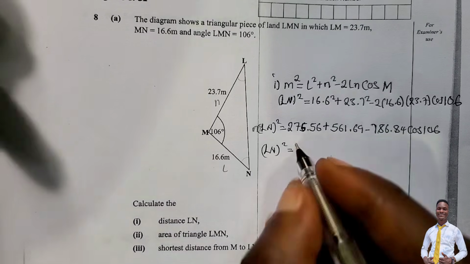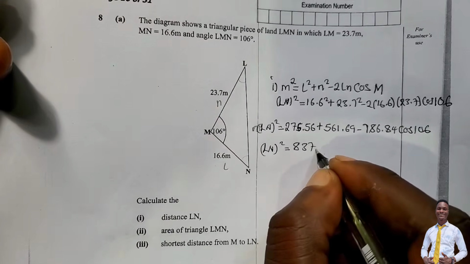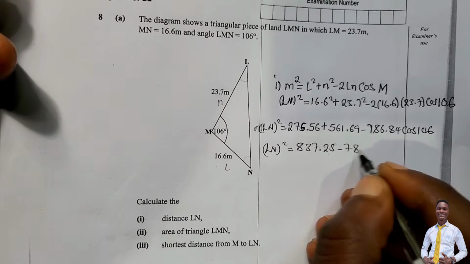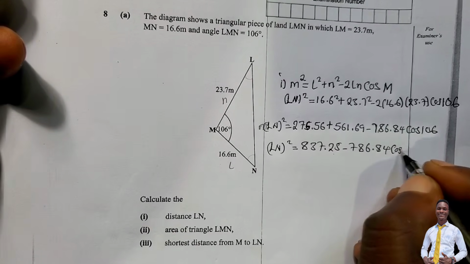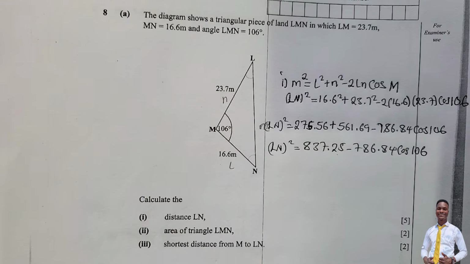Okay, so this is giving me 837.25 minus 786.84 cos 106. So from this stage we can now punch everything on a calculator.